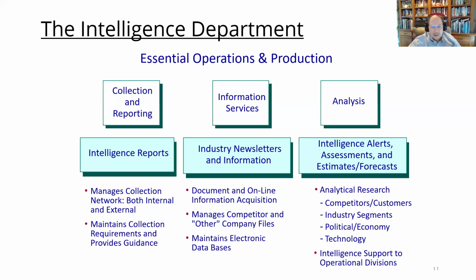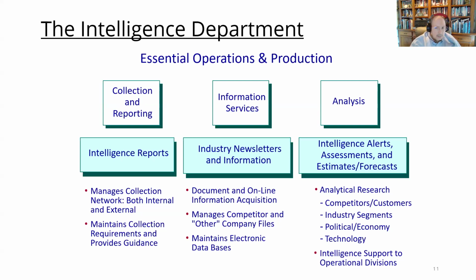For instance, the intelligence reports would be done by the collection and reporting group. Information services would provide information that comes from online acquisition, managing the files, maintaining electronic databases. This is where the repository of information would reside. Third one, the analysis one, is where the analytical work is done.